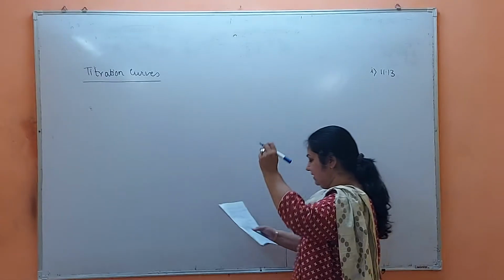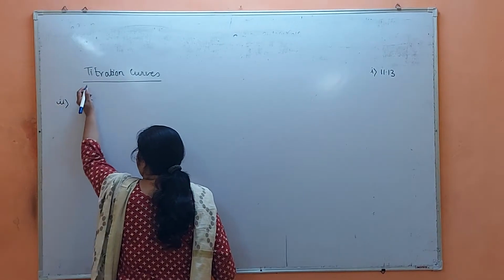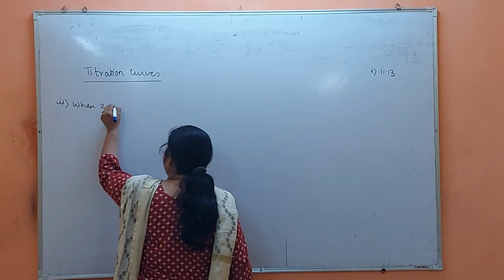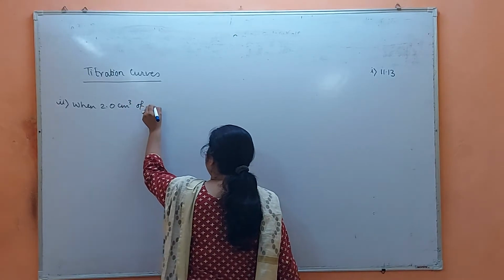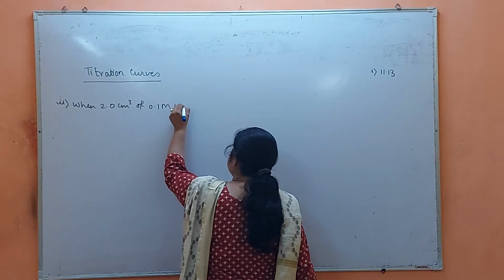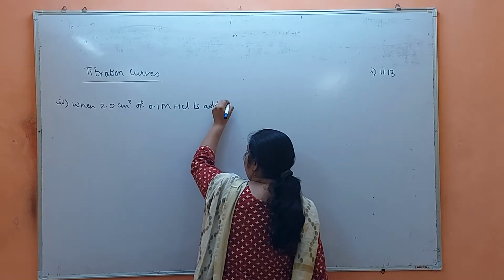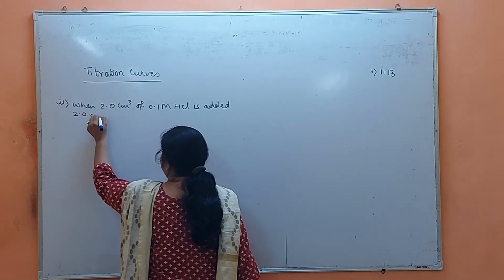Now see, at the second stage, when 2 cm cube of 0.1 molar HCl is added, what will happen? 2 cm cube of NH4OH will be neutralized.